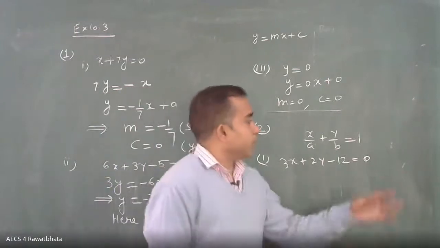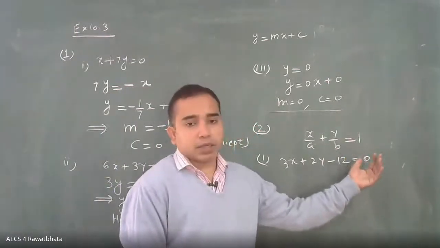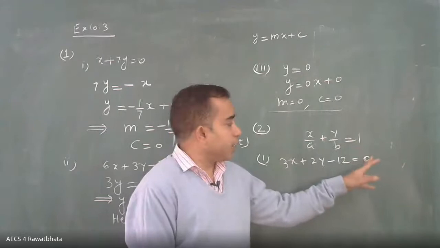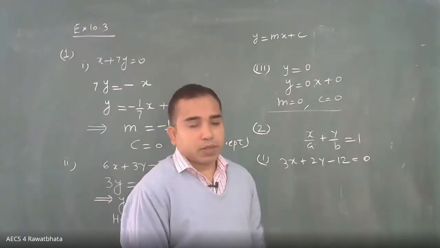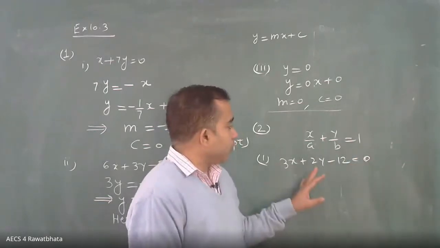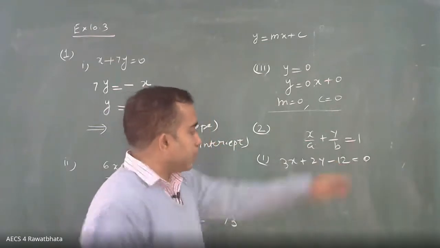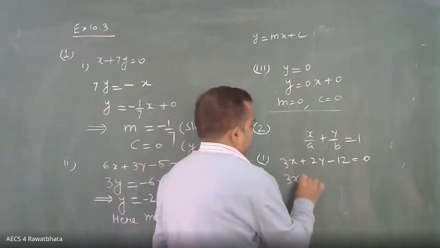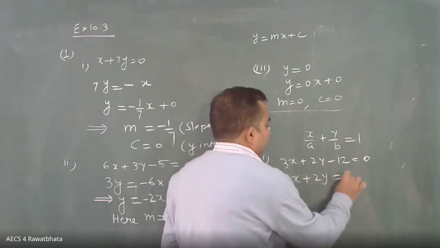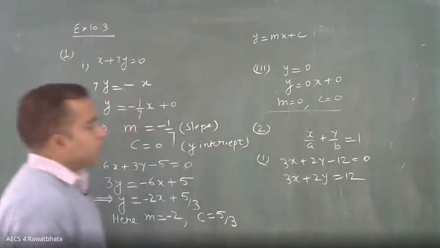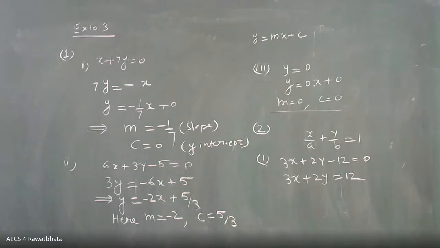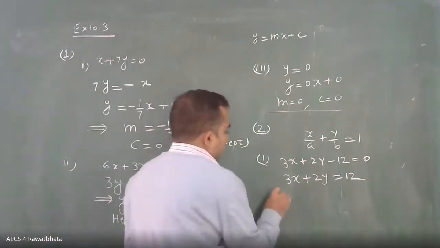Intercept form has a characteristic that the constant is on the right hand side and it is 1. So how to make the constant 1? First of all, shift this 12 to the right hand side. So 3x plus 2y equal to 12, and divide by 12 on both sides, so the right hand side will become 1.